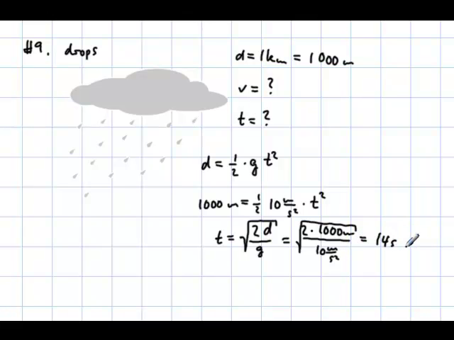So 14 seconds, and now we're ready to determine what the velocity is. Velocity at the end is going to be g times time without air resistance, so 10 meters per second squared times 14 seconds comes out to 140, and then one of the seconds divides, so it's 140 meters per second.